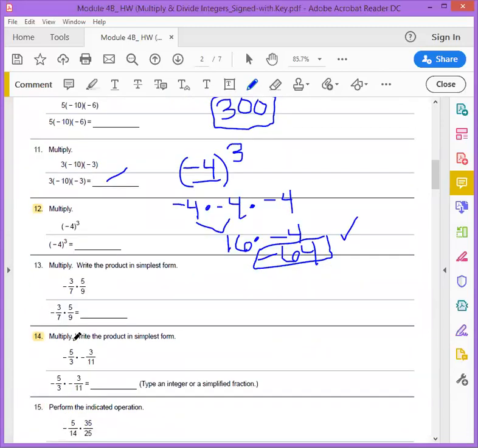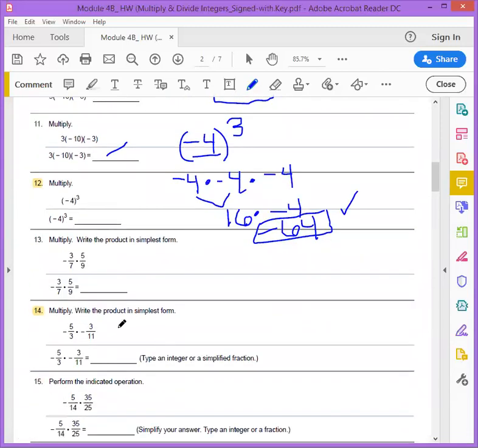All right, let's look at number 14. We have 2 fractions, -5/3 times -3/11. Now, when you're multiplying fractions, you can simply multiply the top number times the top number, numerator times numerator, and denominator times denominator, and then make sure you simplify in the end.